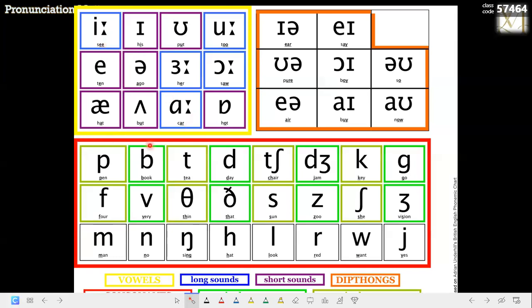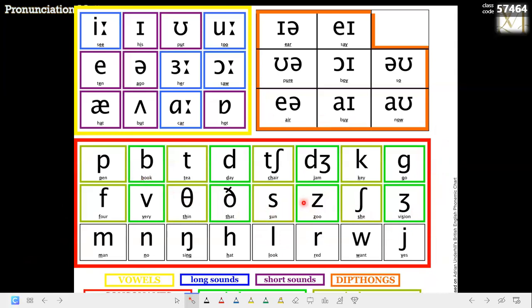And here we have another rectangle, which is red, okay, to show these sounds are consonants. So we have the consonants here, and the consonants could be divided into two different types, the voiced and the unvoiced.